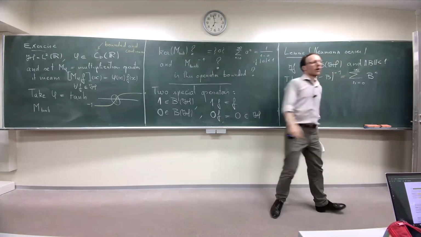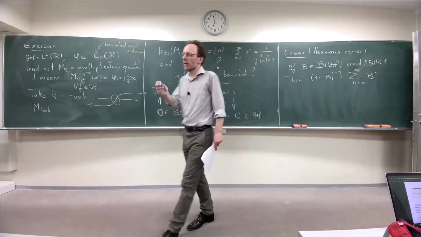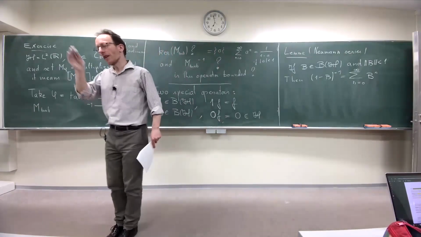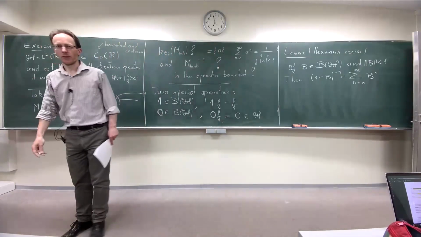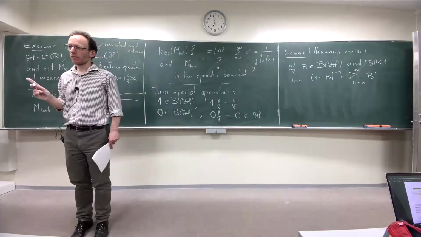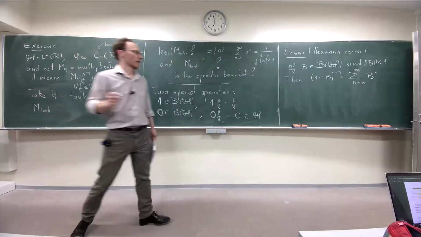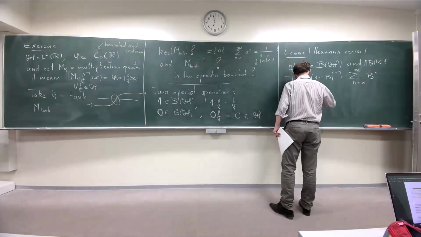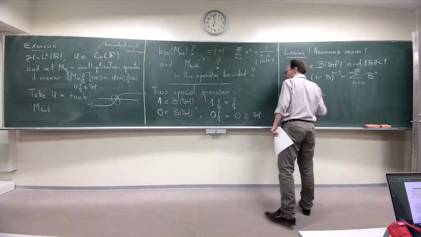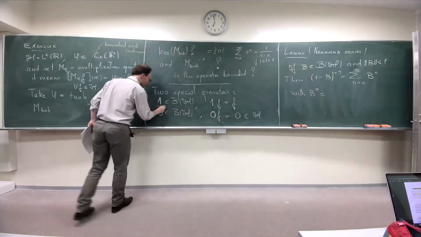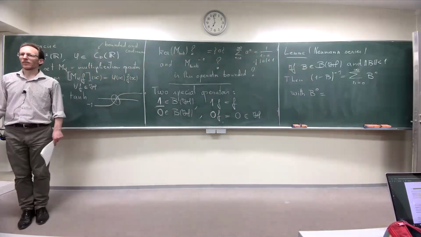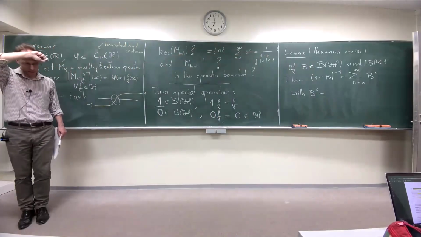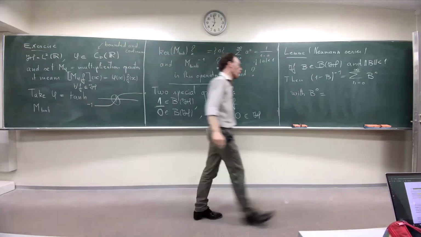n from 0 up to infinity of B to the power n. What is B to the power n? It's just you apply B n times. You make B, B, B, B applied on F. What is B to the power 0? Because I start at 0. What is B to the power 0? The guy I have just introduced here, the identity, like for numbers, anything to the power 0 is 1.